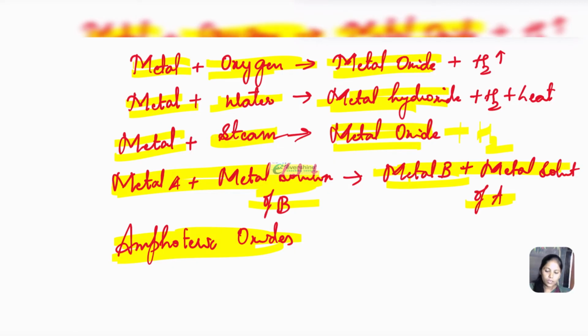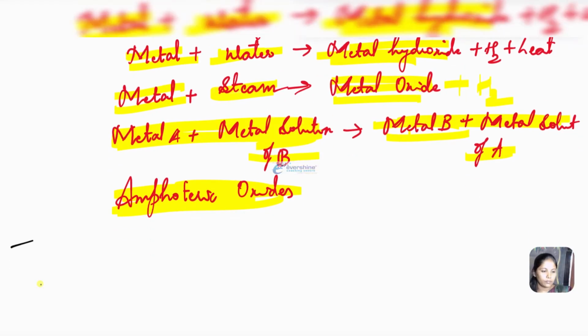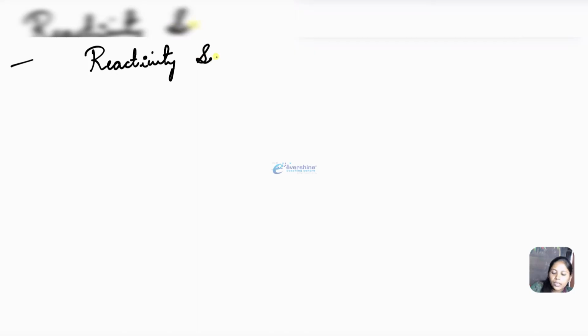Next we'll go to reactivity series. What do you mean by reactivity series? It's a series of elements which is arranged in the decreasing order of reactivity.